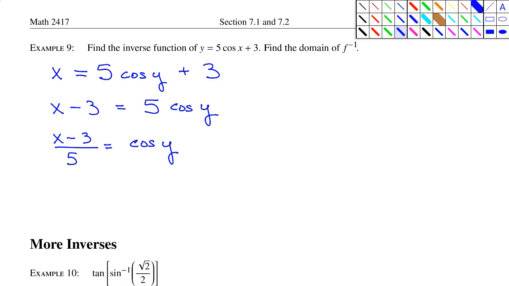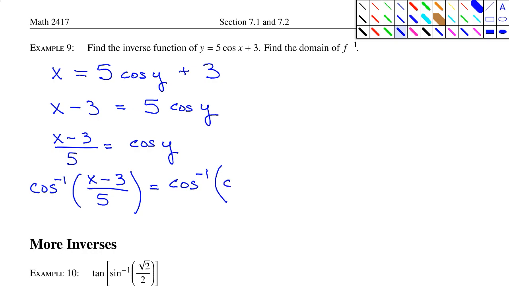And then the question is, how do I now get out of the cosine function? Well, the trick is to take the arc cosine of both sides. And the arc cosine of the cosine of y is going to be y itself.